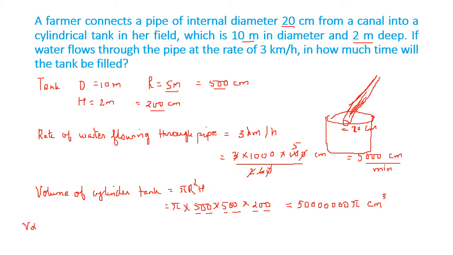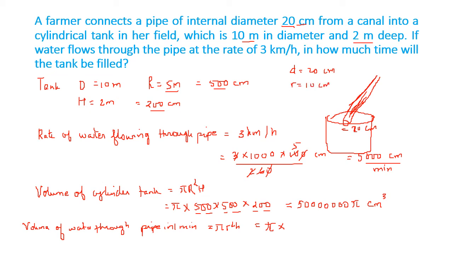Now the volume of water through the pipe in 1 minute. Again we'll write pi r square h. I kept pi as it is. The diameter is 20 centimeter, so the radius will be 10 centimeter.